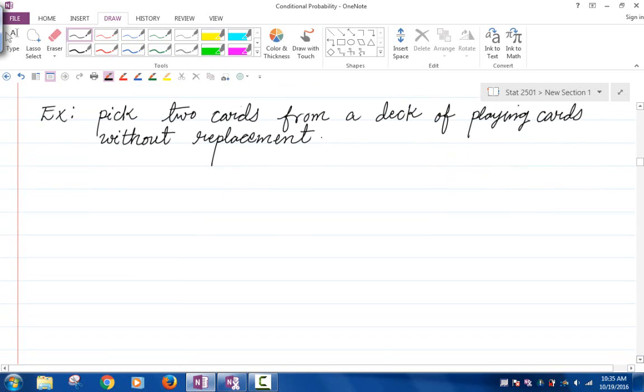Okay, so you're picking this. Then the question that I want to ask is, what's the probability that both are clubs? One of the suits is called clubs, right? Okay.